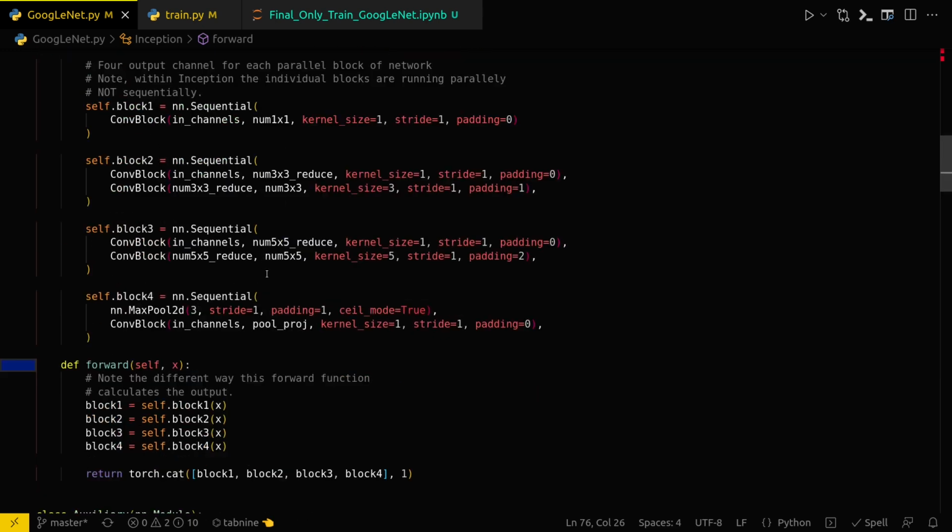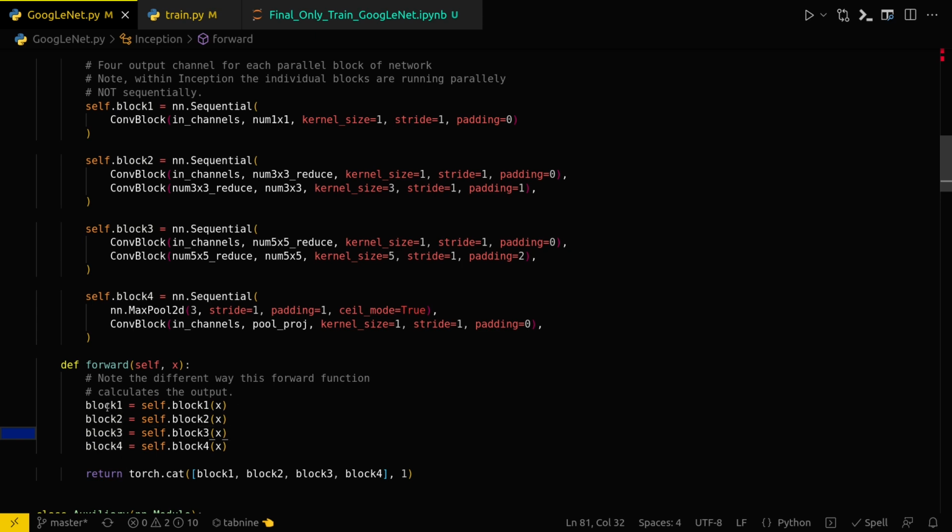Because they are parallel, here in the forward function I cannot have the output of the previous layer go to the input of the next layer. No, it will not work like that, because it's parallel. All of them are running parallelly. So I have the output of block 1, block 2, block 3, block 4 calculated with the same kind of lines, that is self.block1(x), self.block2(x).